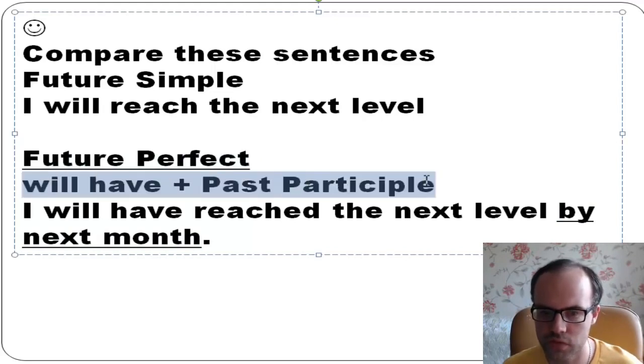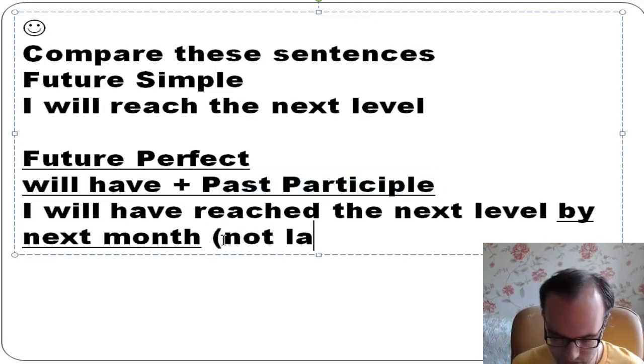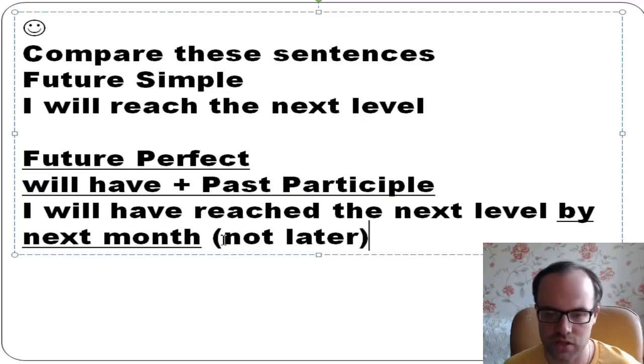So we use future perfect because of by. I will have reached the next level by next month. It means not later than next month. Yeah? Not later than next month. I will have reached the next level by next month. So I think that you see the difference.